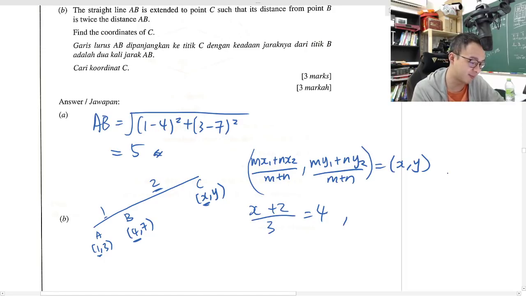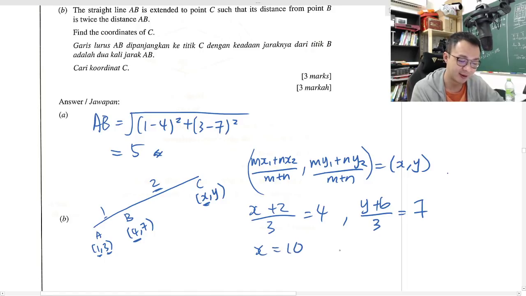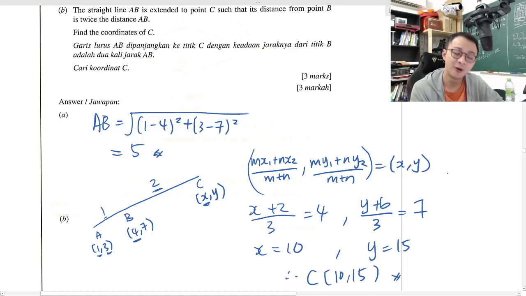Then I do the same thing for y. This is y plus 2 times 3 will be 6, over 3, equals 7. Solving this one, 12 minus 2 is 10. Then this one, 21 minus 6 will be 15. So my coordinate C will be 10, 15. Alright, I just apply the formula.